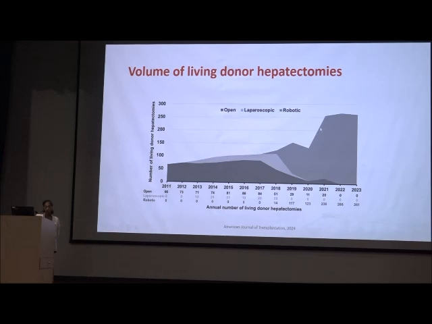Even though the total number of transplants has also increased, if we omit that part, we see that in the same time, the total numbers of laparoscopic and open live donor hepatectomies have both decreased, and by about 6 years, they had shifted to completely doing robotic live donor hepatectomies with 0 open donor hepatectomies.